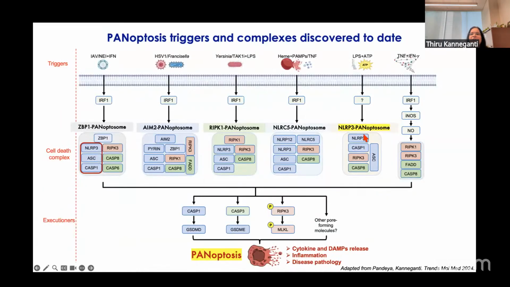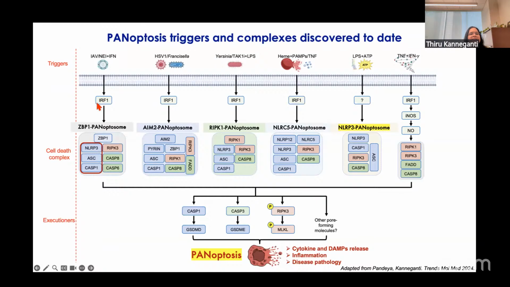So now we know that within the NLRP3 panoptosome, the inflammasome is activated for IL-1 beta maturation, but the complex is formed to drive lytic cell death that is independent of pyroptotic molecules like caspase-1, caspase-11, or gasdermin D. So there's a network of sensors here and a network of executioners.